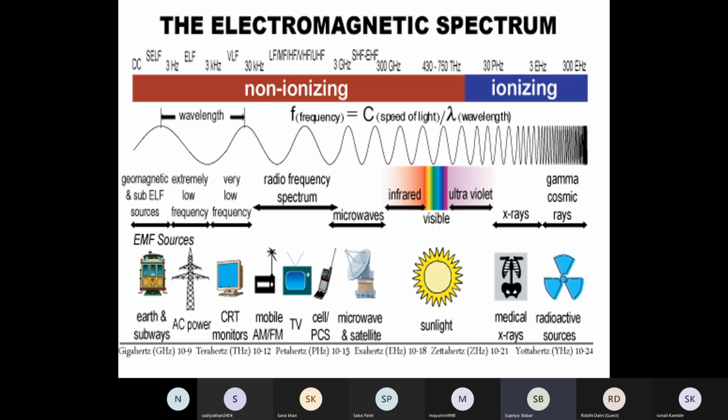So normally the electromagnetic spectrum consists of different energy regions. The various electromagnetic radiations are arranged in the decreasing order of the frequency or increasing order of the wavelength in that electromagnetic spectrum.